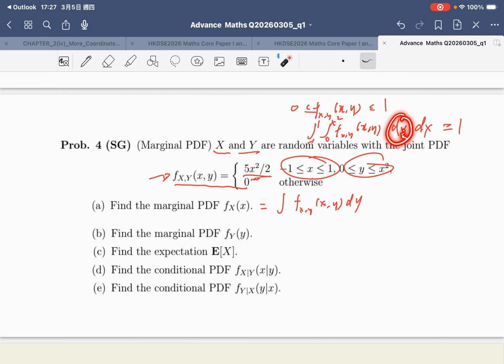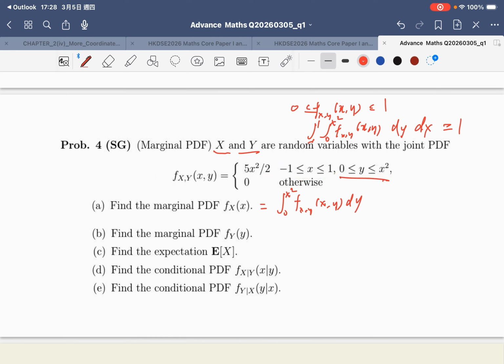The limits are 0 and x squared, because the question gives you the domain of y. Put 0 to x squared, then 2 over 5 x squared dy. This equals 2 over 5 x squared y.